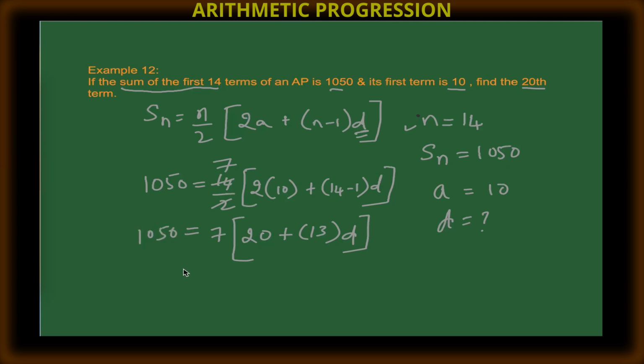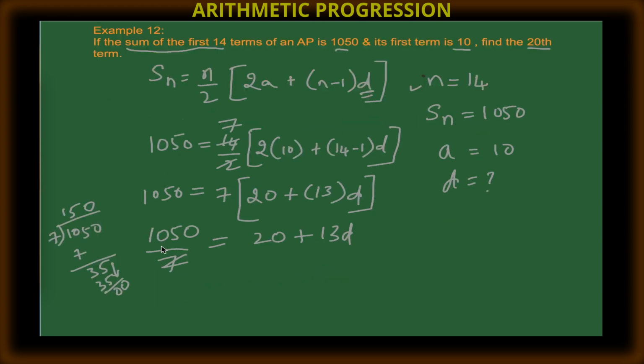Let's take this 7 outside and divide here. 150 is equal to 20 plus 13d. So let's see whether 7 goes into this. 7 ones are 7, let's calculate here. So we have 150. So 150 minus 20 is equal to 13d.